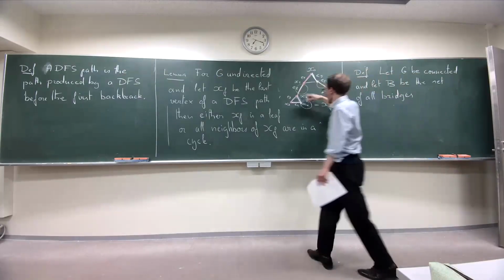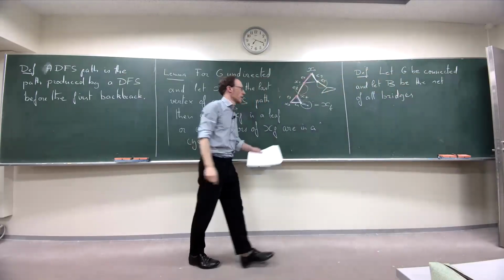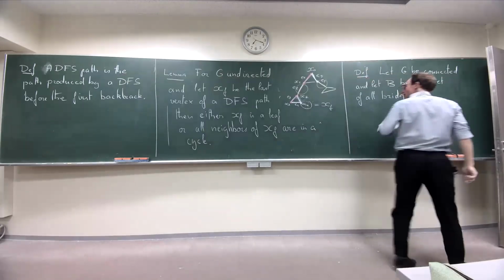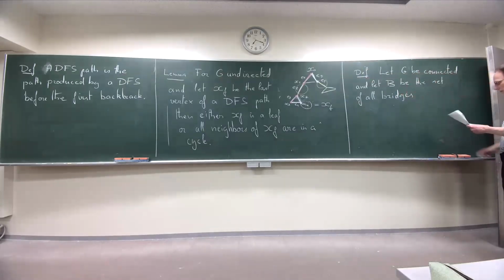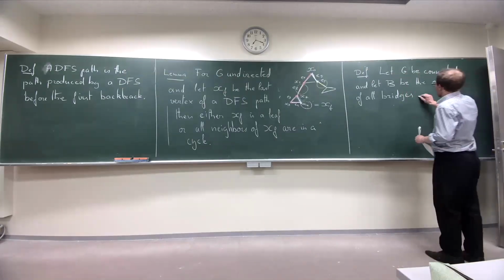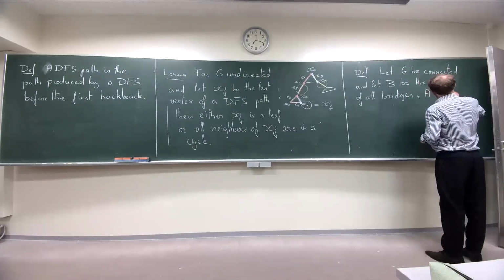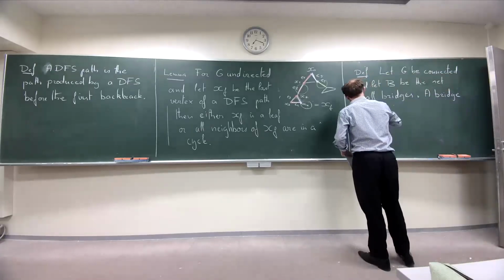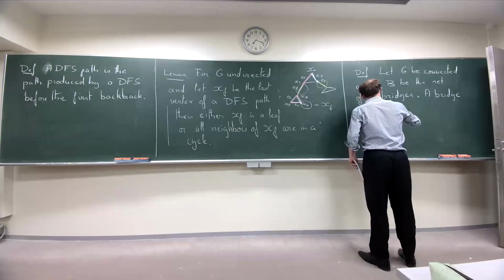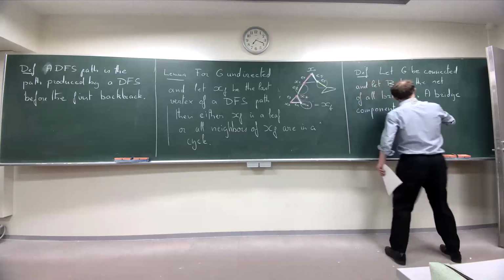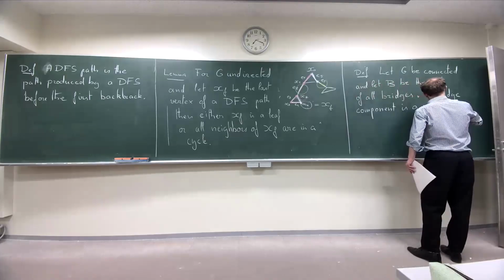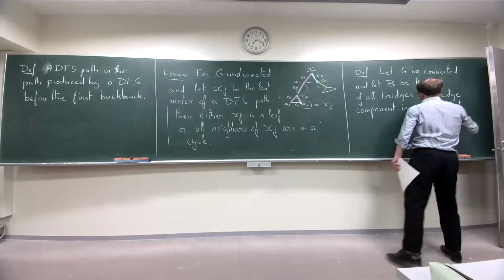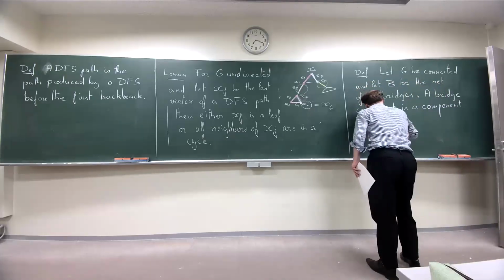So here we have these two yellow edges. A bridge is an edge. A bridge component is a component of G minus B.